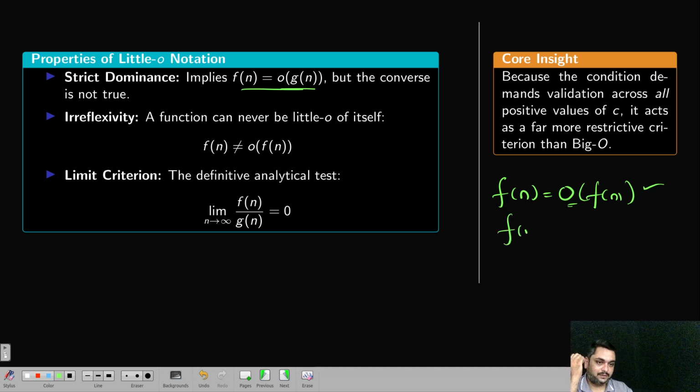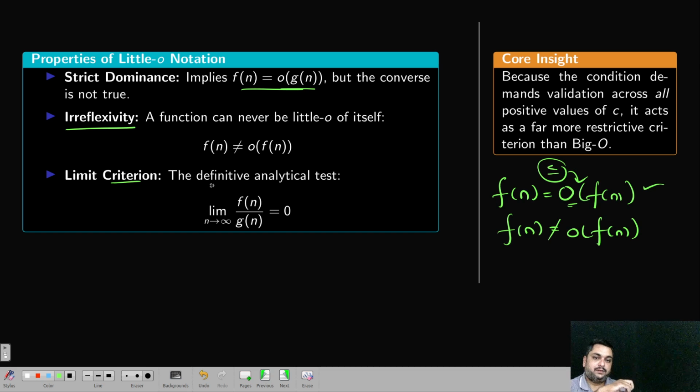I cannot write f of n equal to small o of f of n. This would mean the same function is strictly less than itself, which cannot be true. It can be equal. Because here we use less than or equal to, that holds, f of n equal to f of n, but here I cannot write it because f of n would be less than f of n. So it is never equal. This is also called irreflexivity.